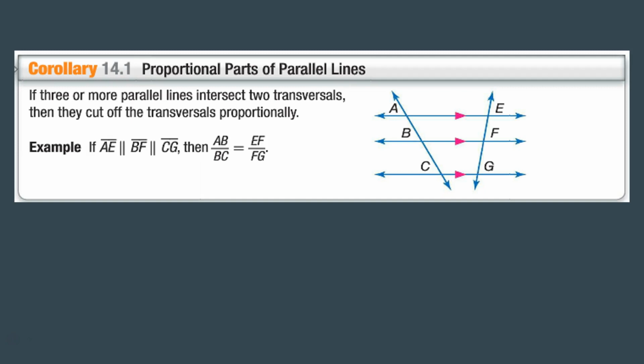If three or more parallel lines intersect two transversals, then they cut off the transversals proportionally. So we have our parallel sides, AE, BF, and CG. Then AB is proportional to BC, and EF is proportional to FG.